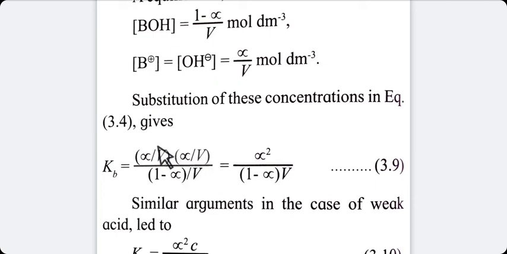So your formula will be alpha square upon V upon 1 minus alpha. When you simplify this, you will get alpha square upon 1 minus alpha into V.